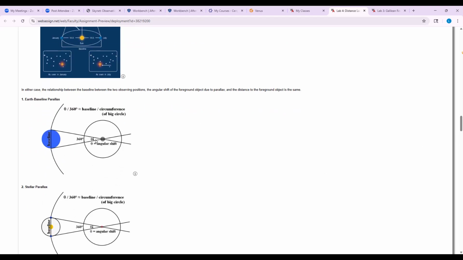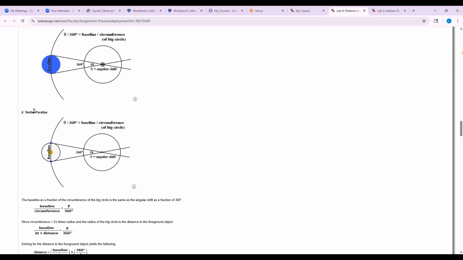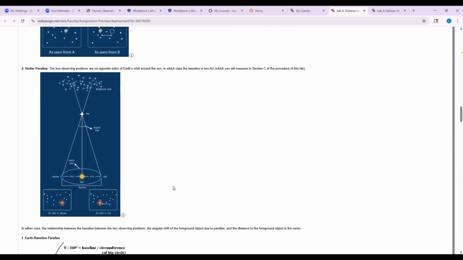Theta compared to the entire 360 circle is going to be equal to the baseline compared to the circumference of the big circle in this geometry. Same thing, you can do on the stellar parallax when the baseline is going to be 2 AU, as you see in this example.